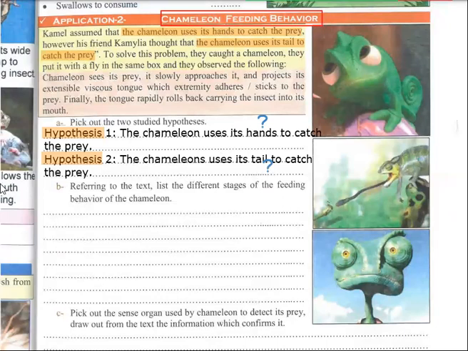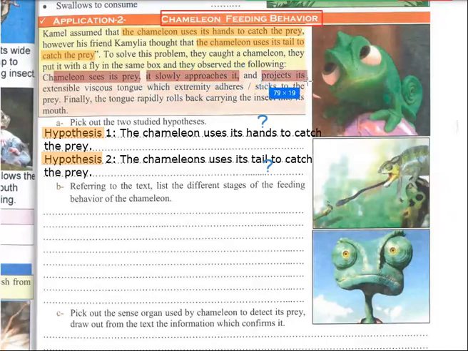Referring to the text, list the different stages of the feeding behavior of the chameleon. Okay, in order to obtain its food, what does a chameleon do? A chameleon sees the prey. The chameleon slowly approaches the prey.